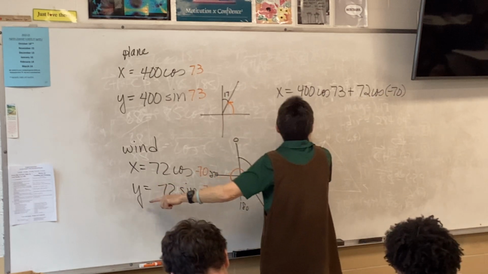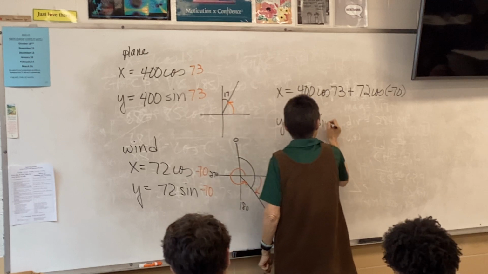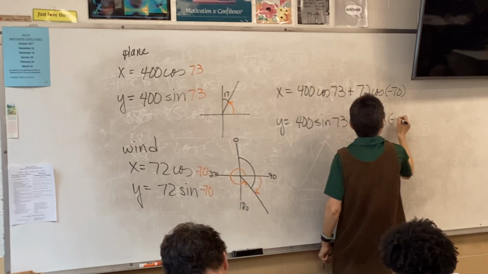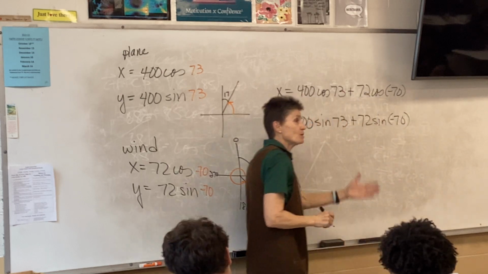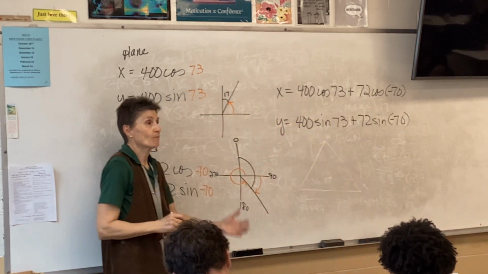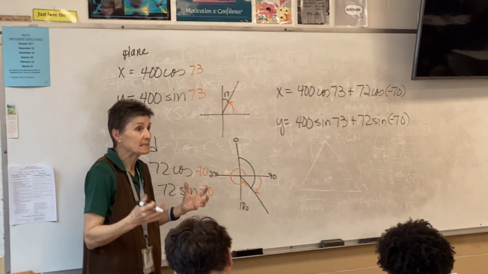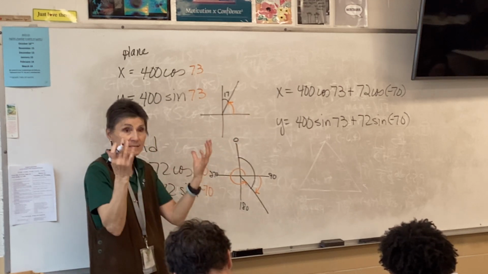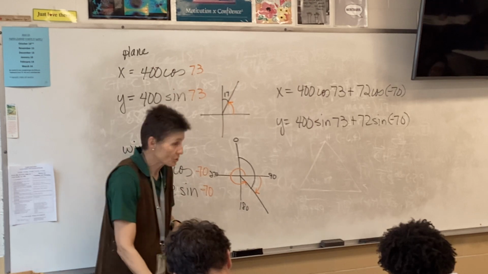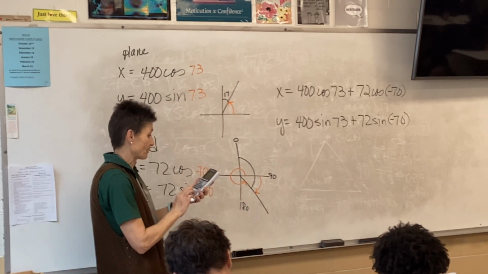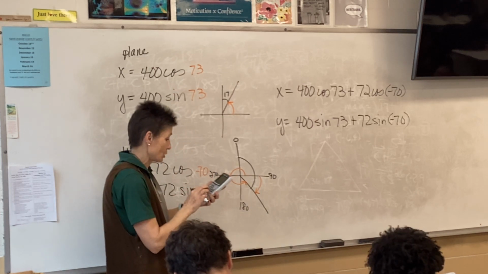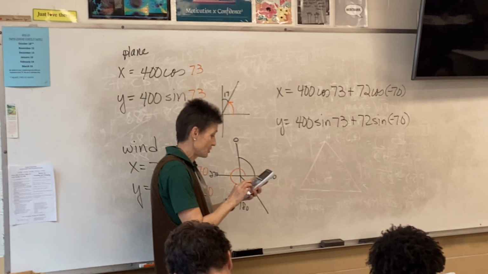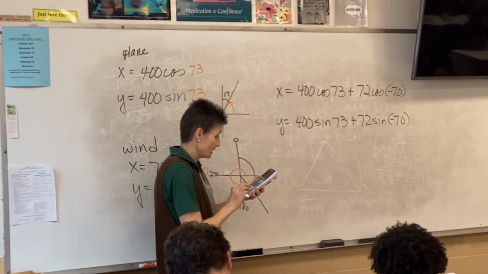And then 400 sine 73 plus 72 sine negative 70. Kids, when you add two vectors, you're finding the resulting x direction and y direction. So you add their x's, add their y's, and that's what happens. So what do I end up with here? 400 cosine 73 plus 72 cosine negative 70.